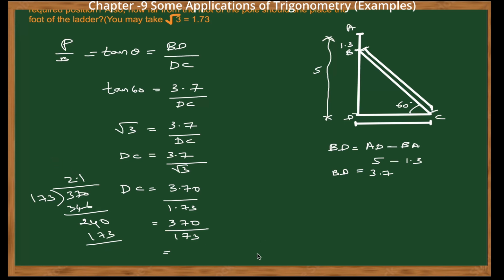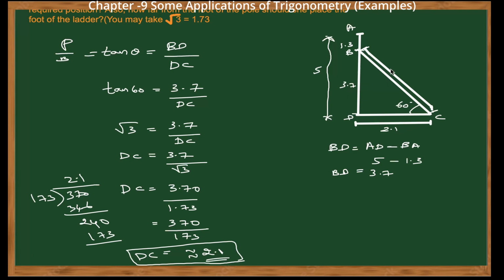We can take this value as approximately 2.1. So DC value we have it. Students, we got the value of this base, 2.1, and this is 3.7.